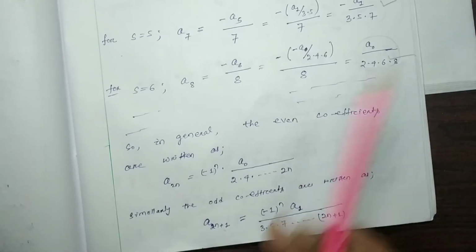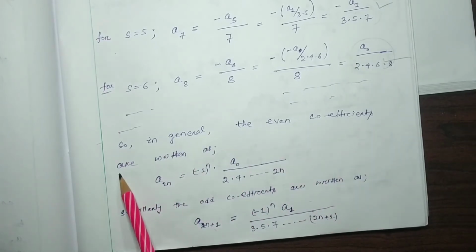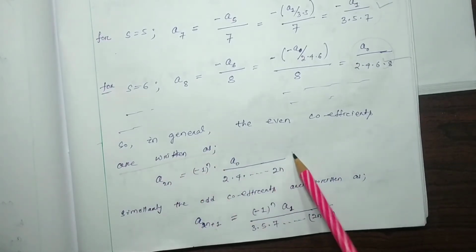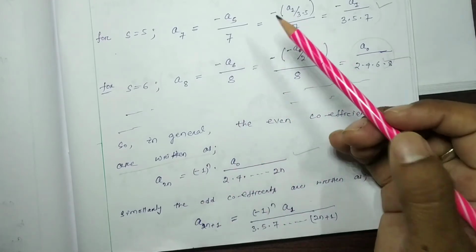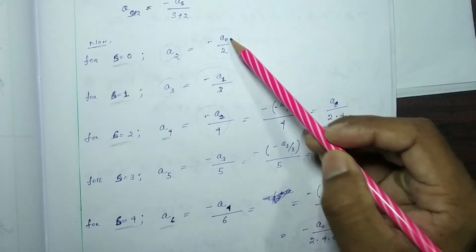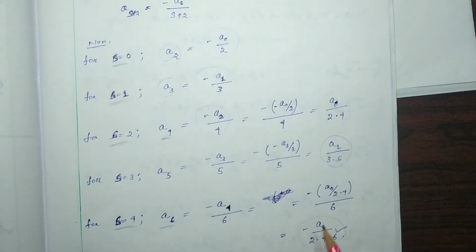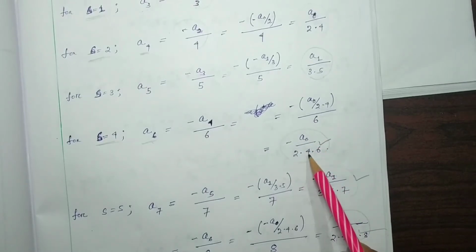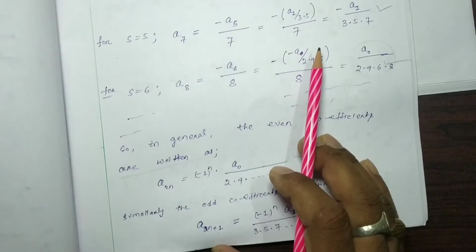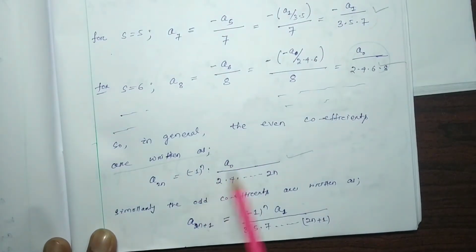Okay, so in general the even coefficients can be written like this, because if we consider the even coefficients, it will be minus a0 by 2, a0 by 2 into 4, a6 is nothing but minus a0 by 2 into 4 into 6. So it can be written in general as minus 1 to the power n into a0 by 2 into 4 into 2n.